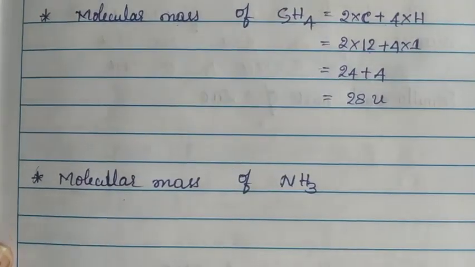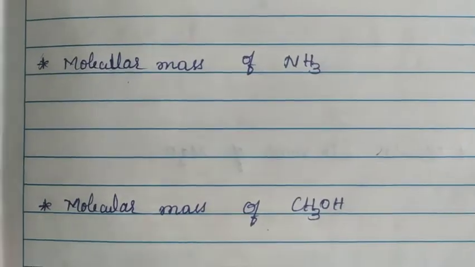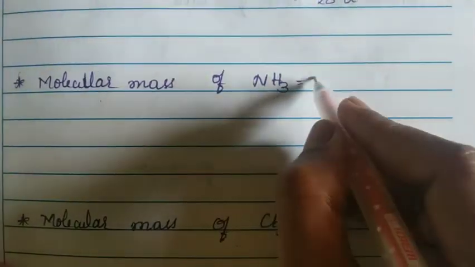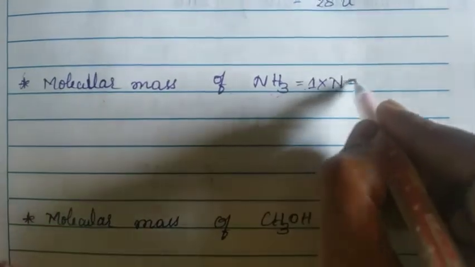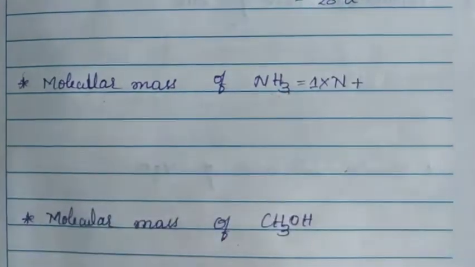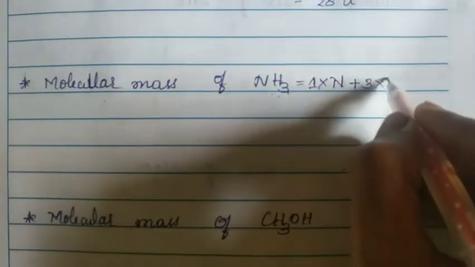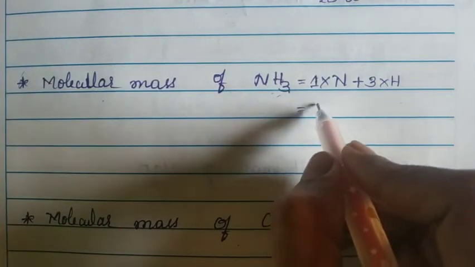Yes, now come to, children, molecular mass of NH3. Yes, this formula shows it contains only one atom of nitrogen plus 3 atoms of hydrogen, 3 into H. Now substitute atomic masses of nitrogen and hydrogen.